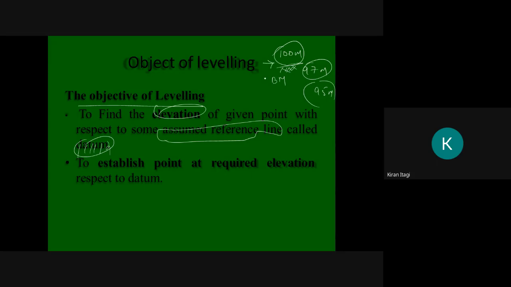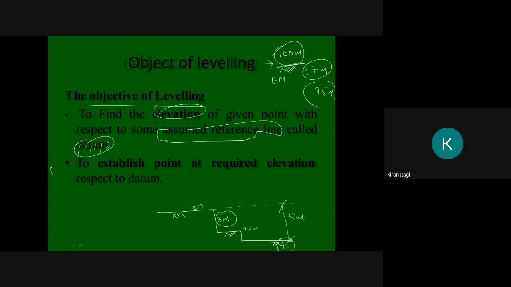This is our reference line or datum. With respect to this line, we will say this level is so many meters below, and with respect to this one, it is 5 meter below.